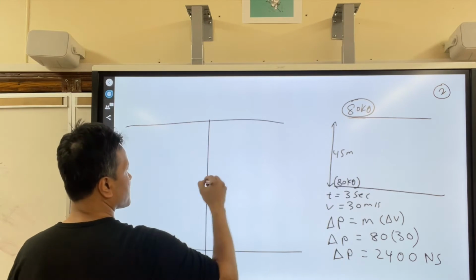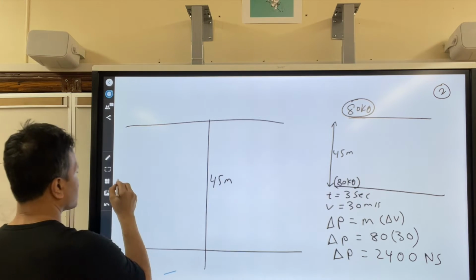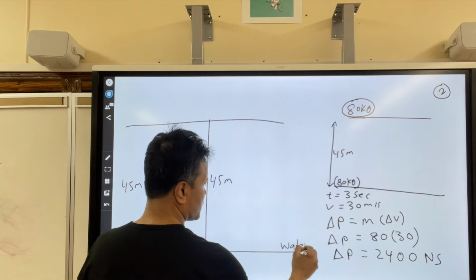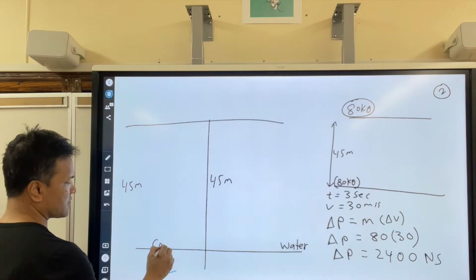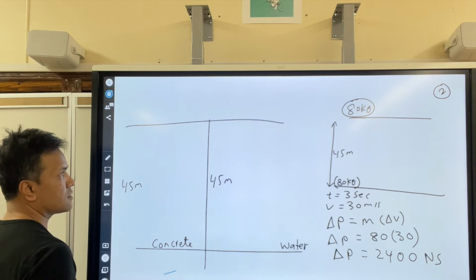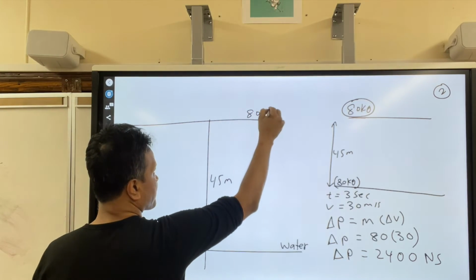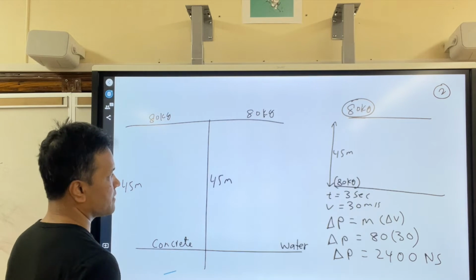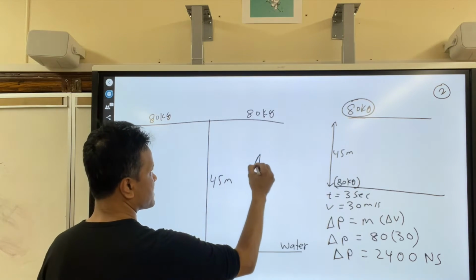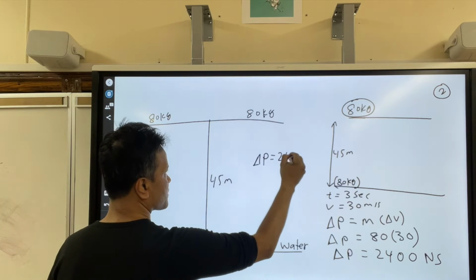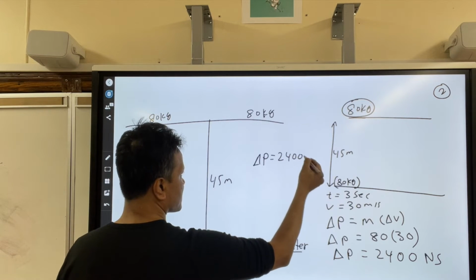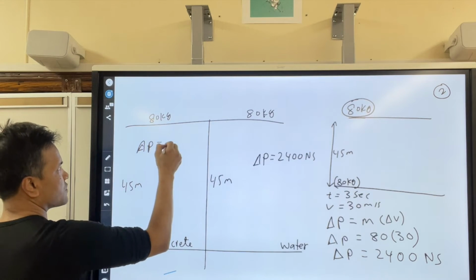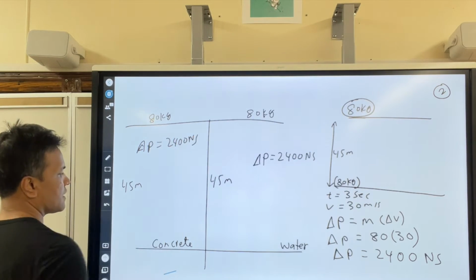Now we're going to have him fall from 45 meters above the ground. He's going to jump on the water and he's going to jump on concrete. In this case, what is the impulse? 2400 Newton second.